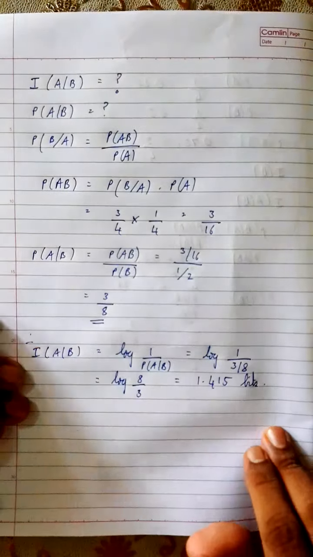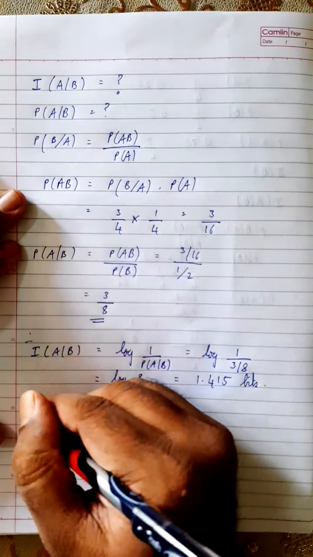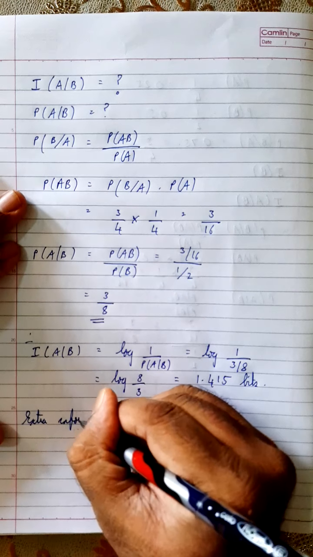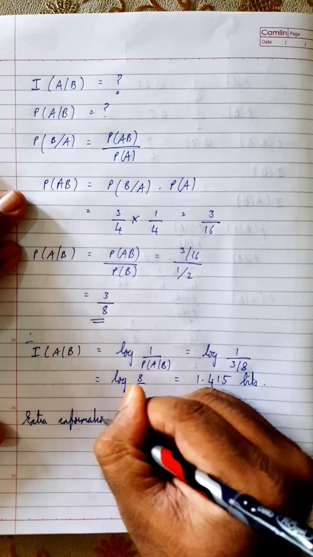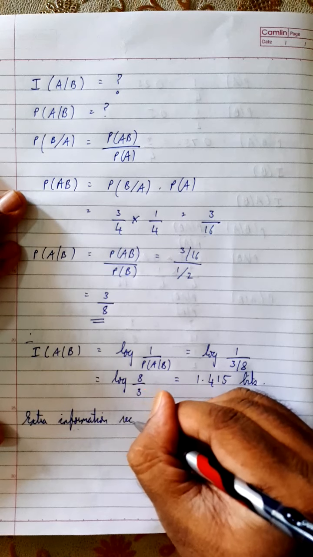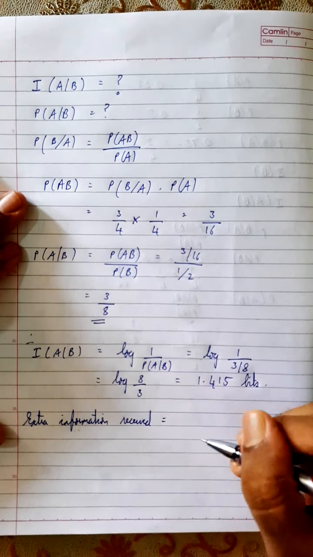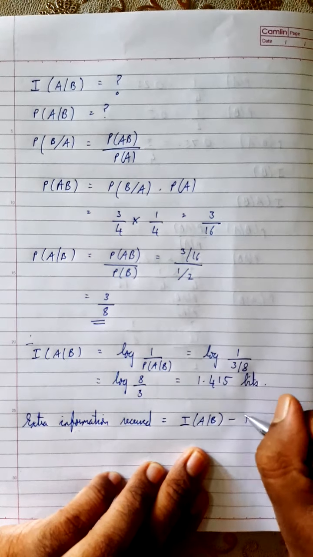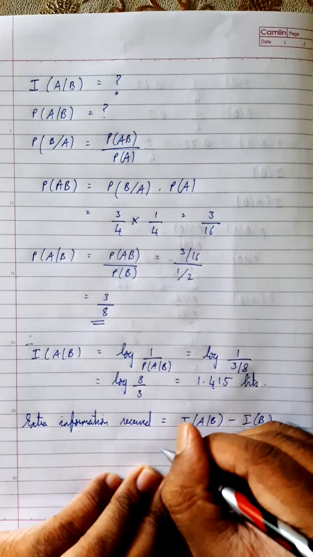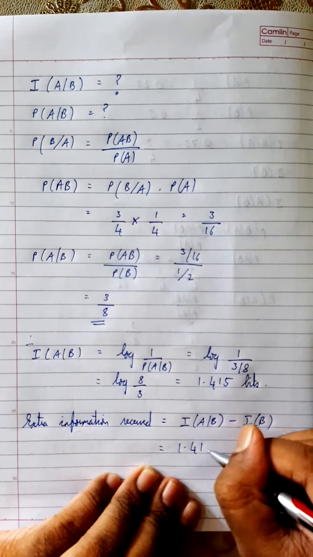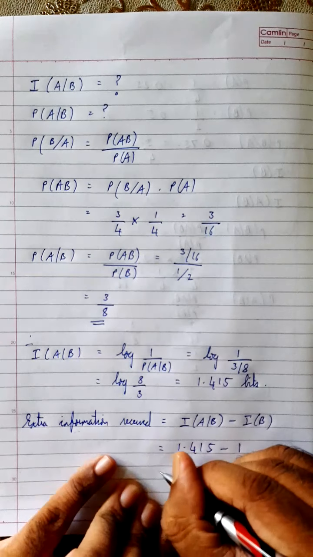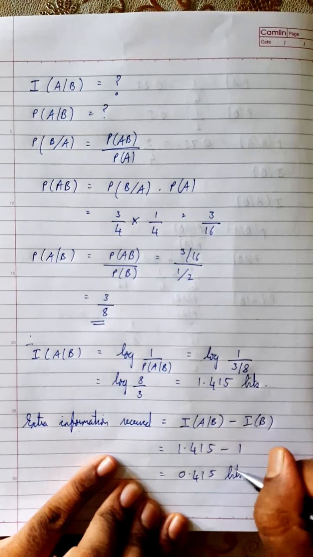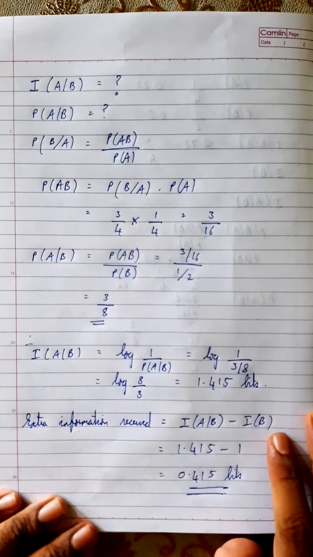Therefore, the additional information received is I of A by B minus I of B, which is 1.415 minus 1, which is equal to 0.415 bits. This is how we do the problem.